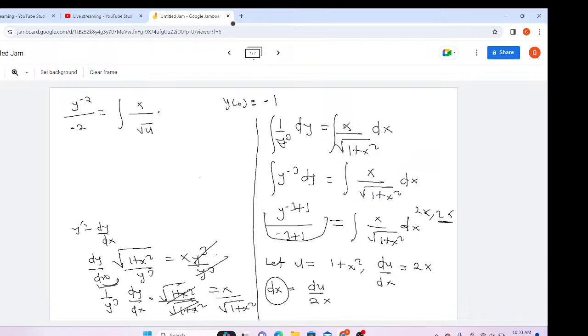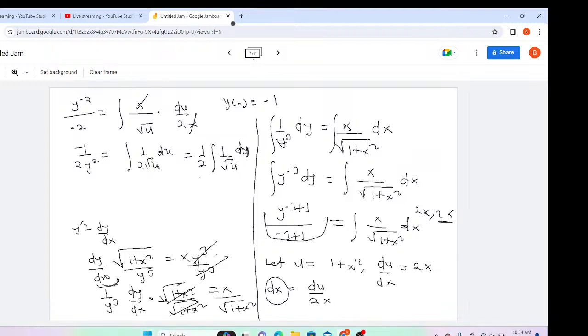Now the dx here is du on 2x. X divides x, then I leave it. Negative 1 over 2y squared equals the integral of 1 over 2 root u du. We can bring the 2 out and say 1 over 2 integral 1 over root u du.